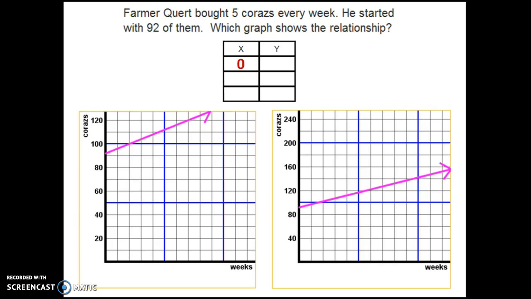So we know that when 0 weeks have passed, we have 92 Corazes because that's our starting amount. We're good on this first graph, and we're good on the second graph. After 1 week, we have 97 Corazes because we've added 5 more. Good on the first graph, good on the second graph.